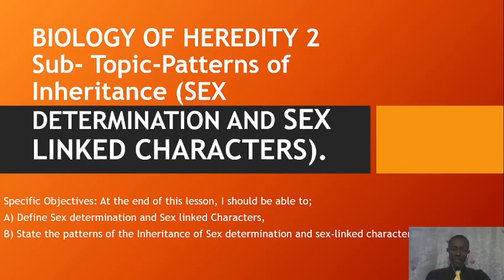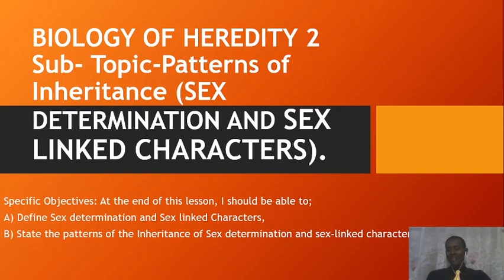And of course, you know what a gamete is. A gamete is the sex cell of a human being or even that of animals. So if you know all this content, then you can determine the sex of an offspring. We're going to be treating that, and we're also going to treat the sex-linked characters.